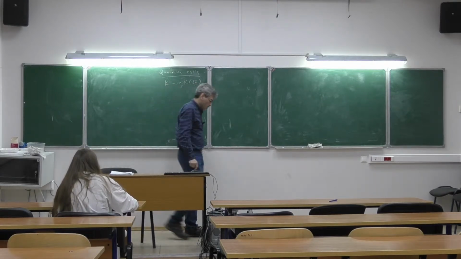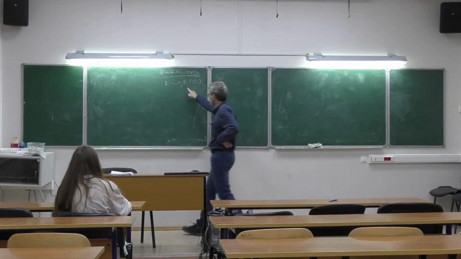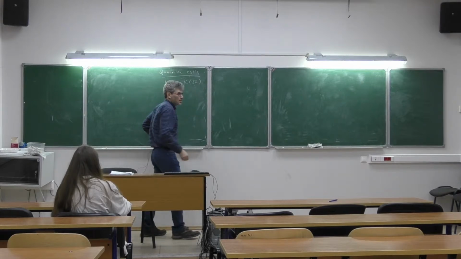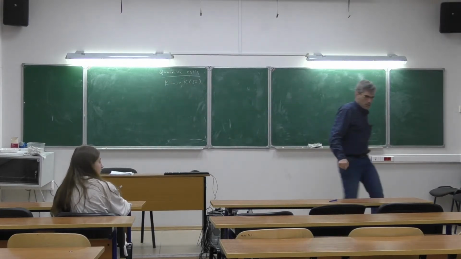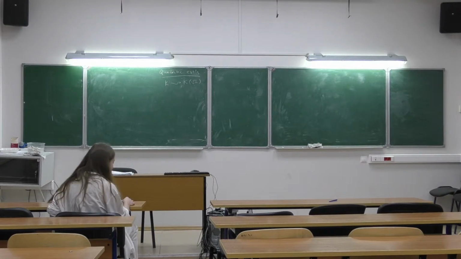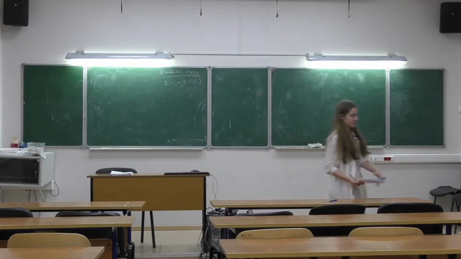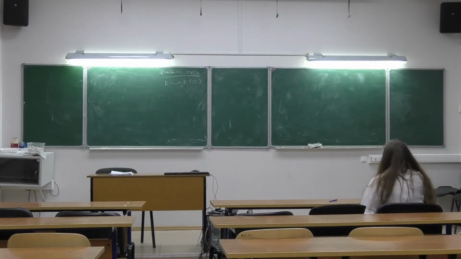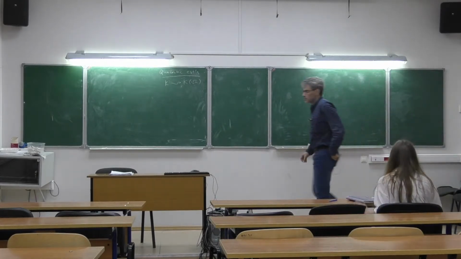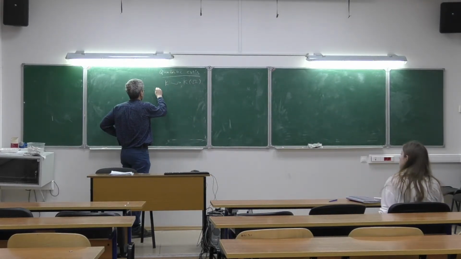This is good, so it is a Galois extension if the characteristic is not 2. But in characteristic 2 there are other extensions.